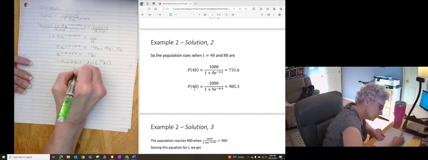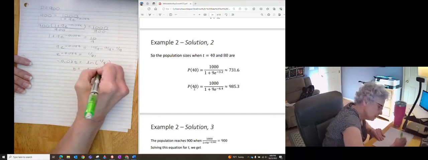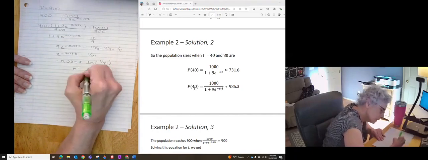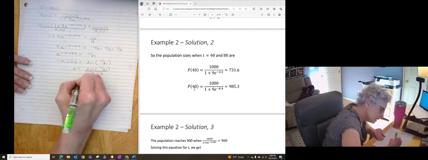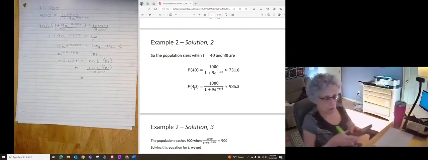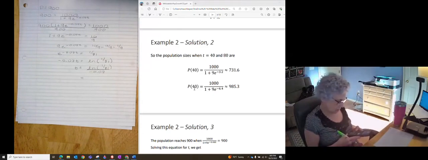So t is equal to the natural log of 1 over 81 divided by negative 0.08, which is about, natural log is right here, 1 over 81.